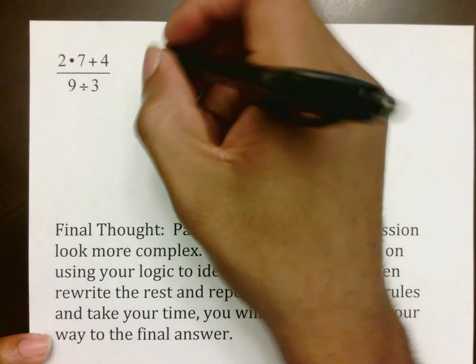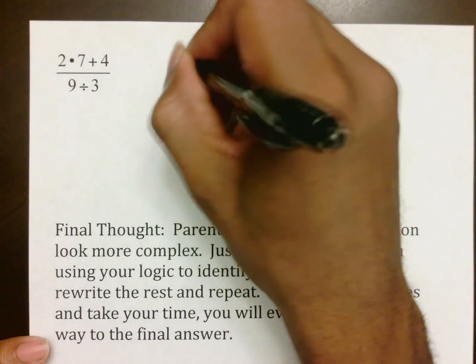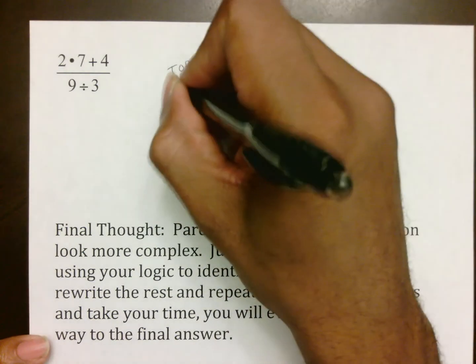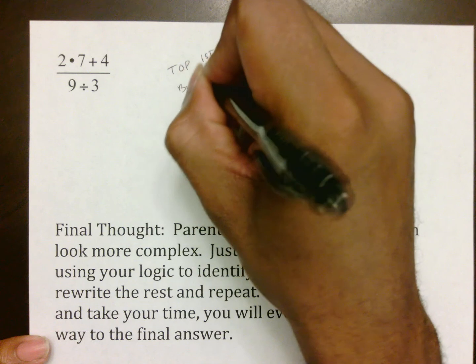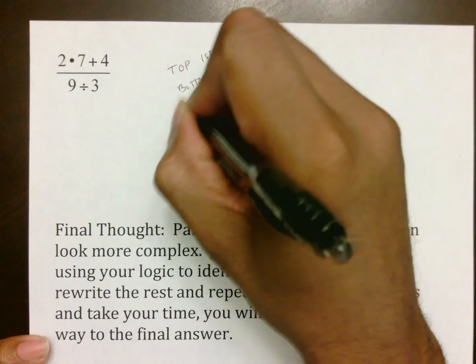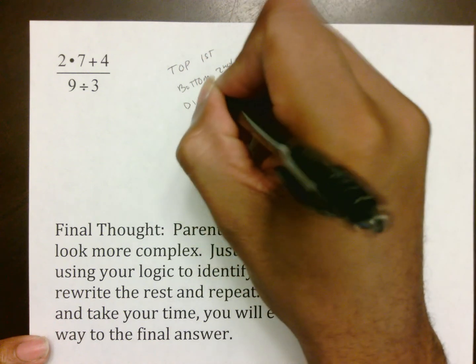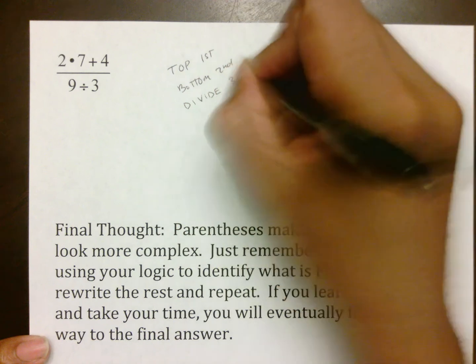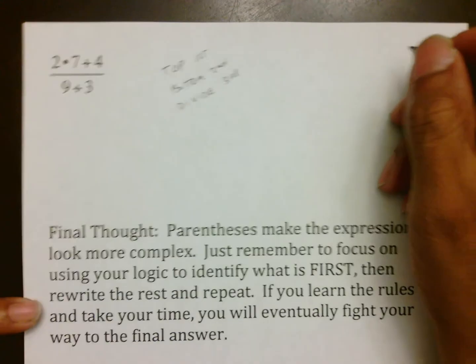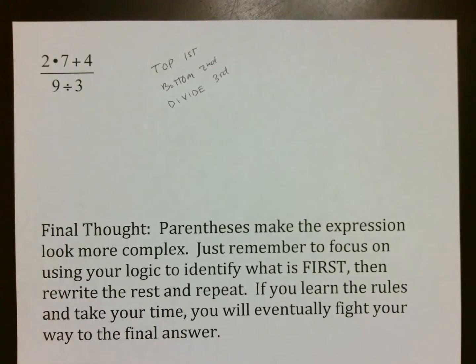You might want to make a note for this fifth one, and that is that we work out the top first, work out the bottom second, and then we divide our answer third. So what's going to happen is, and again, you'll get more used to it as you practice it, and you will learn which shortcuts actually work and which ones don't.